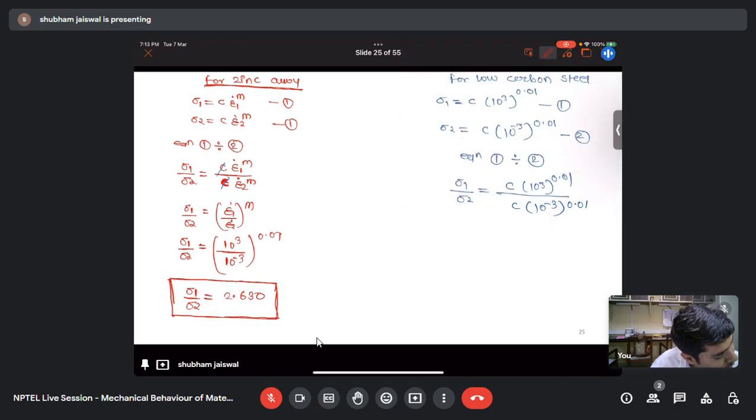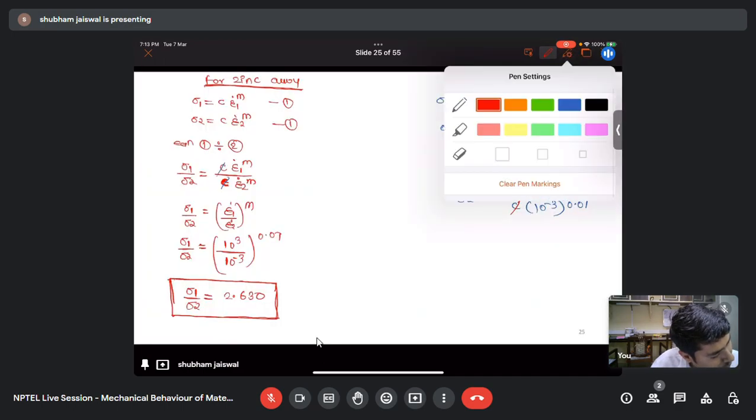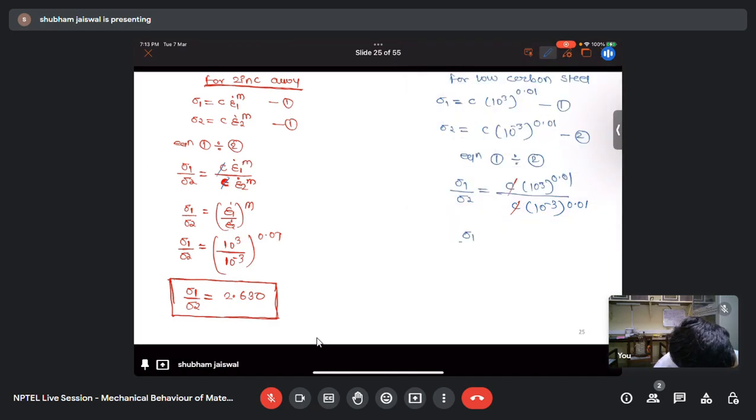So this C gets cancelled, and now we are left with sigma 1 by sigma 2 equal to 10 to the power 6 to the power 0.01. How much is it? It should come around 1.148. So this is the answer for the second part.